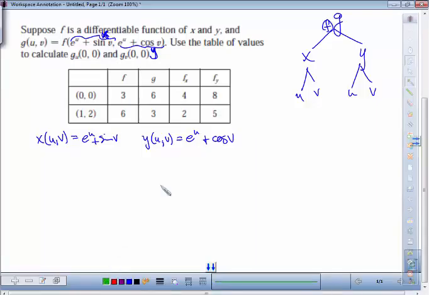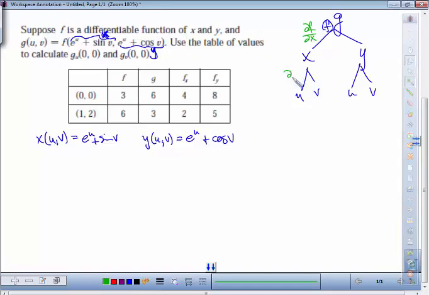So actually, I should have continued and finished up this diagram. We have G, or F. Let's call it F. And then x is a function of u and v.